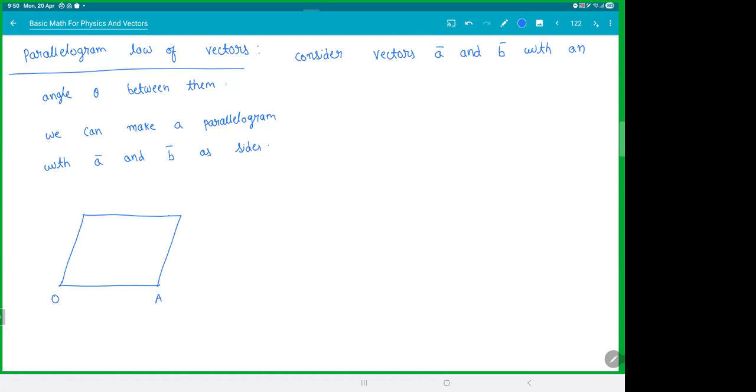So this is O, this is A, this is B, and this is C. So this vector is your A bar. This vector is also A bar because both are parallel. This vector is B bar, and this vector is also parallel, B bar. OC is your diagonal. This angle is theta, and this angle is also theta. Now, using little geometry here, we can get the length of the CD there.